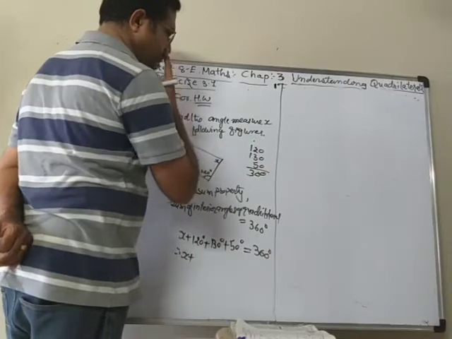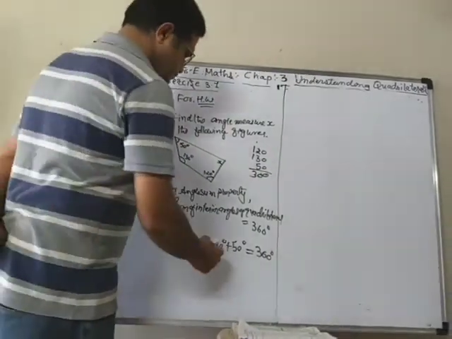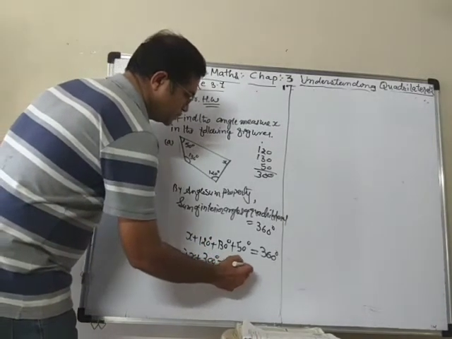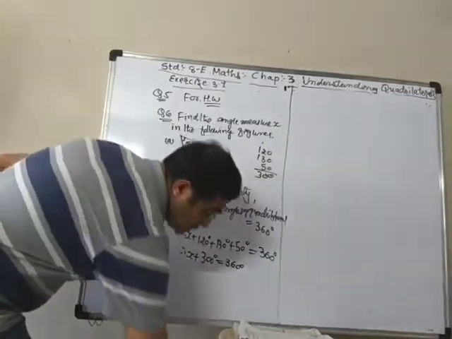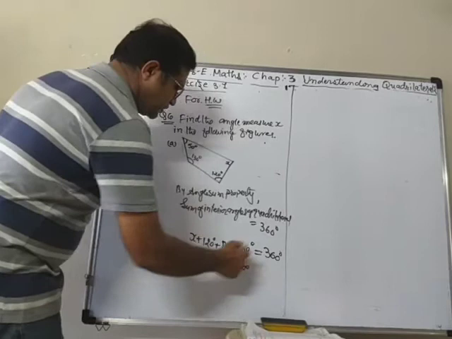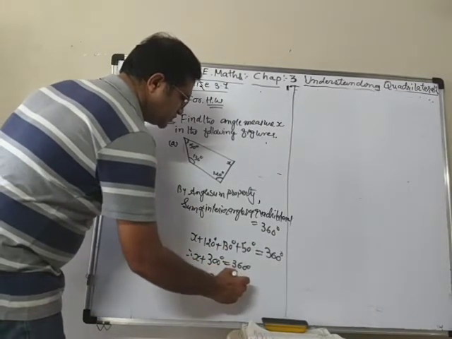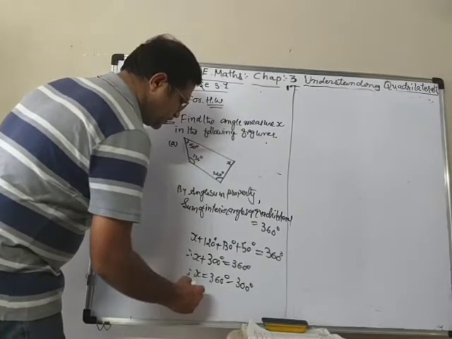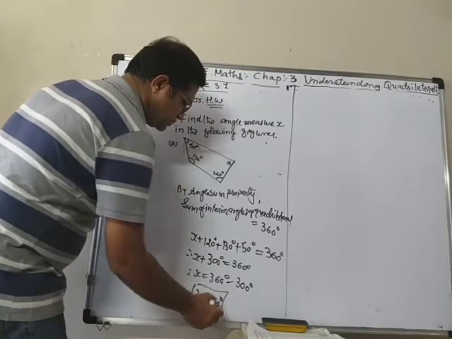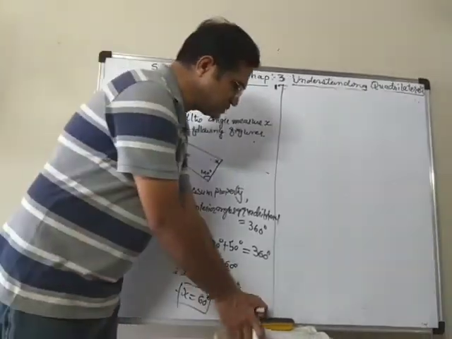So you get 300. So x plus 300 is equal to 360 degree. So now if you take 300 to that side, you will get a value. So x is equal to 360 degree minus 300. So x is equal to 60 degree.